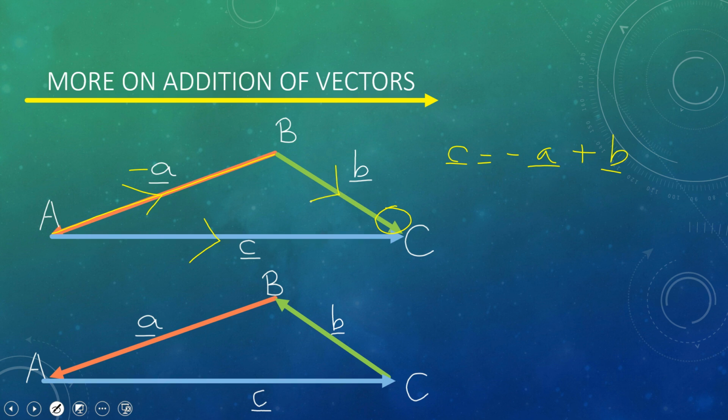If you want to go from A to C, so if you want to express C in terms of A and B, A to B would be minus A, and then B to C would be minus B. You can tell whether you need a positive or negative by whether you're going with the flow or against the flow.